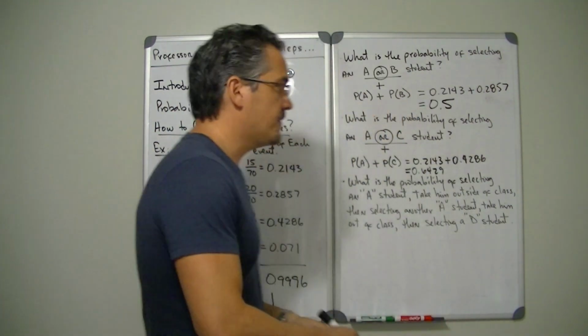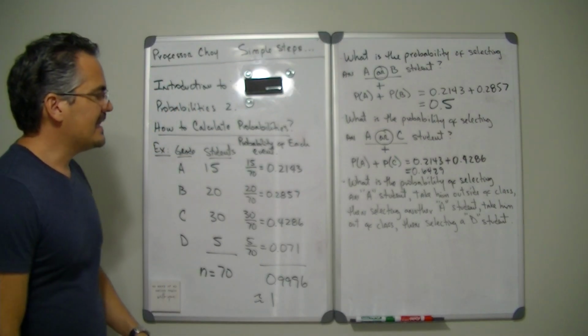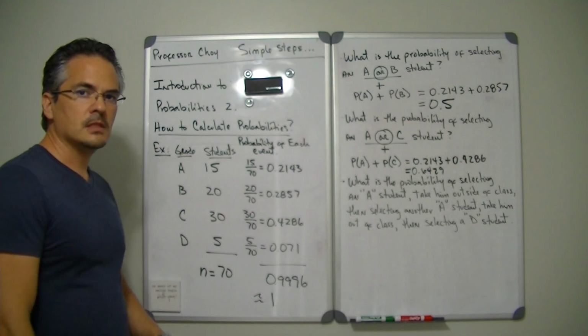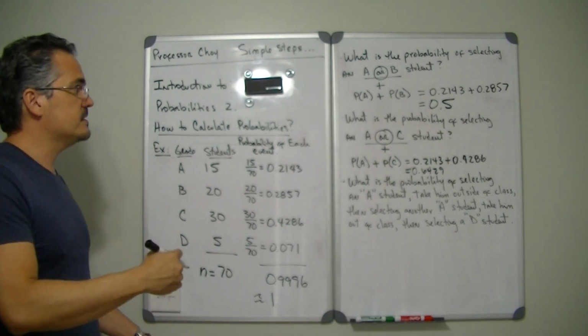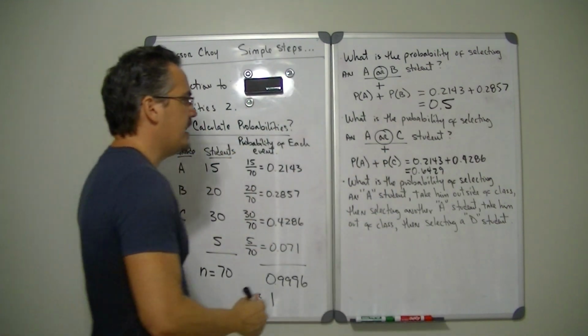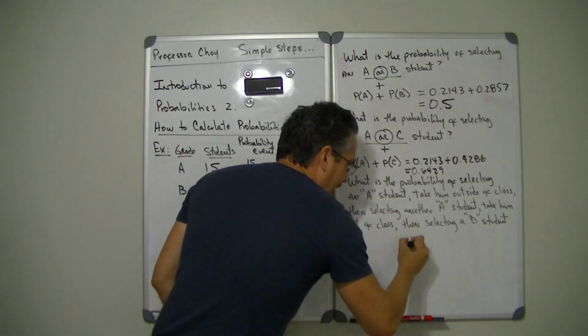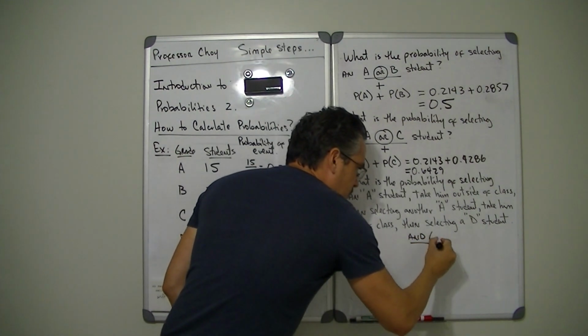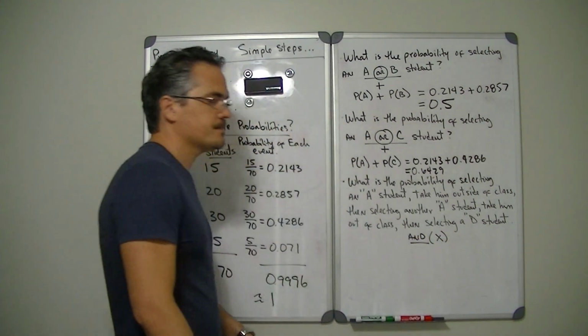Okay? So, now notice though that these are events that need to happen subsequently. In other words, you're doing this and that together, and every time we're doing and in statistics, we're basically telling you to multiply.